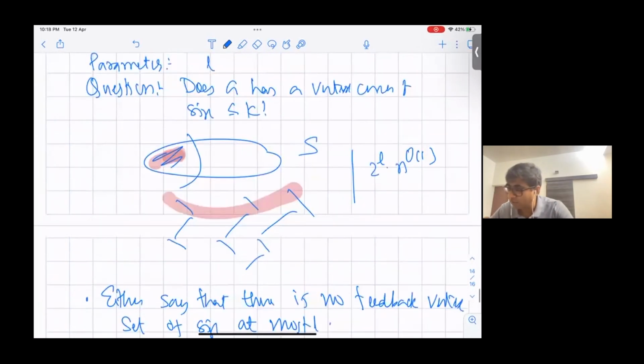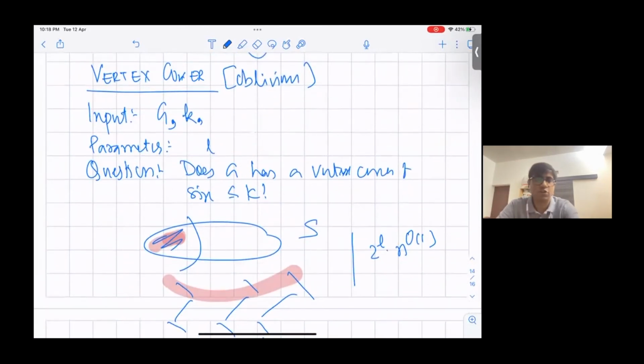Can we design such an algorithm for vertex cover, which is an oblivious algorithm?